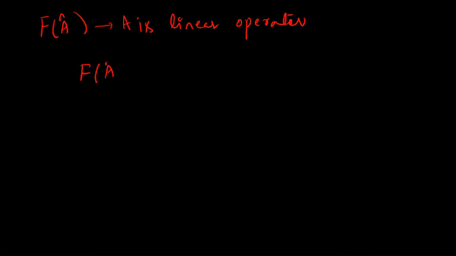An operator f of A, that is a function of an operator, is said to be the function operator of A only if A is a linear operator. If A is a linear operator, then we can write its function, f of A. And secondly, we can do the Taylor expansion of f of A, that is the summation from n equals 0 to infinity of a_n A^n, where A^n is the operator A to the power n.